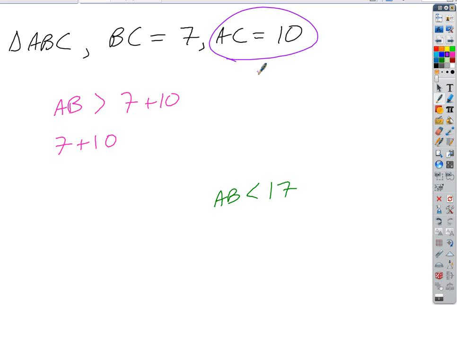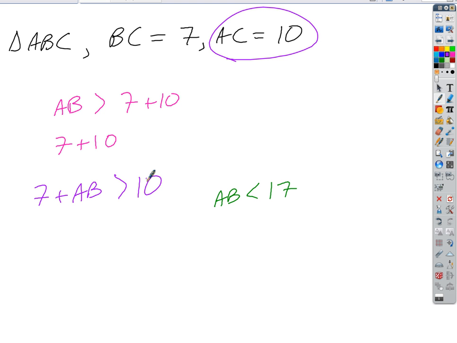And we know that there are two shorter sides, 7 plus AB would have to be what? If 10 is the longest side, in order for them to be able to reach when we pivot them down, greater than, right? The two smaller sides would have to add up to a number greater than the bigger side.